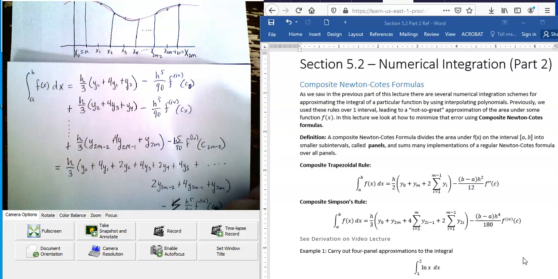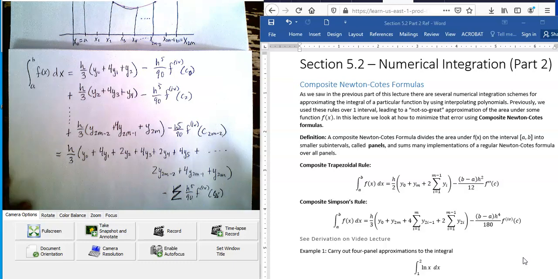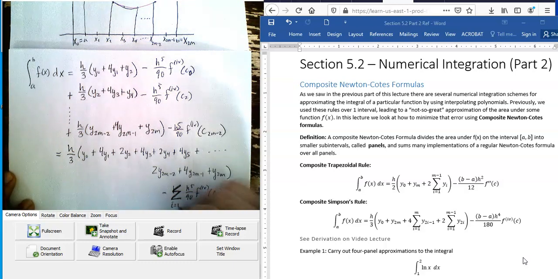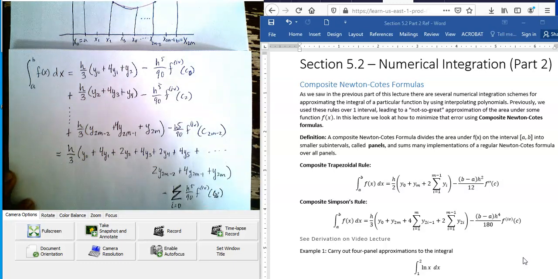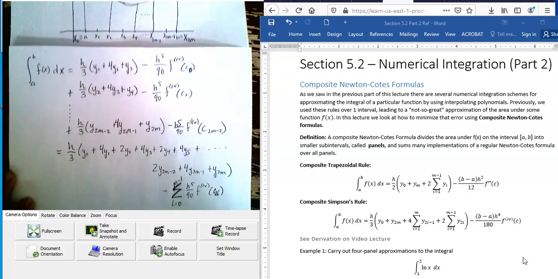So let's say 2i here. And then i is going to range from 0, which gives us our C0 there, to 2m minus 2, so we need to go to m minus 1.